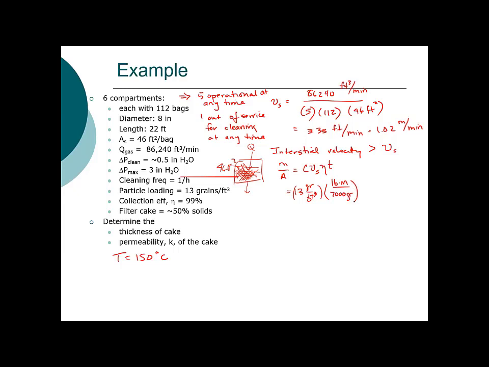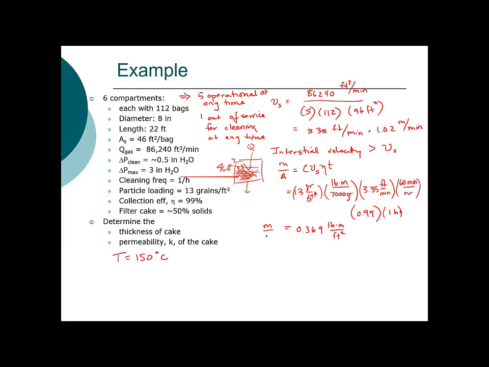So there's 7,000 grains in a pound mass. Our approach velocity is 3.35 foot per minute. We have 60 minutes per hour. We have 0.99 or 99% removal, and we're operating for 1 hour. And that is equal to 0.369 pound mass per foot squared.